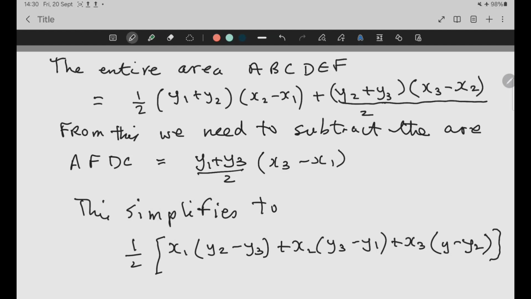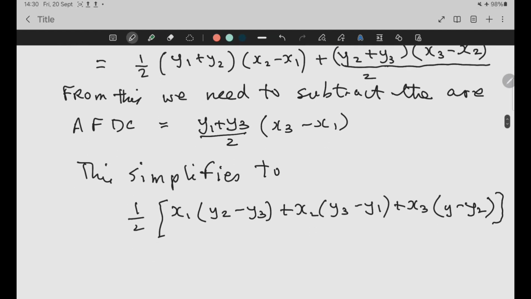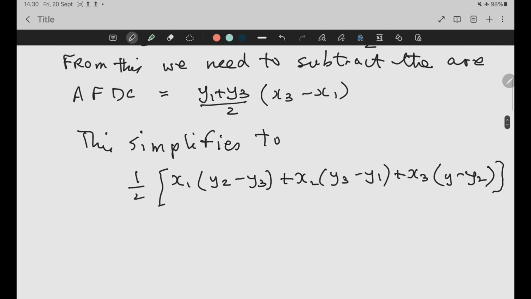And that was the formula I had to use in my pre-A-level exams 70 years ago. And I spent many times writing this out so that I could remember it for the examination.